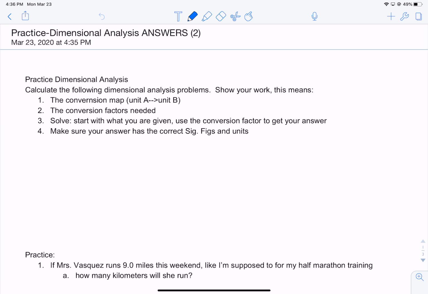I want to remind you what solving actually means. So you're going to have your given, and this is in, let's say, units A. And then your, what do you want?